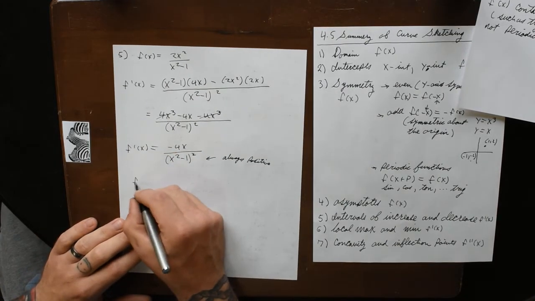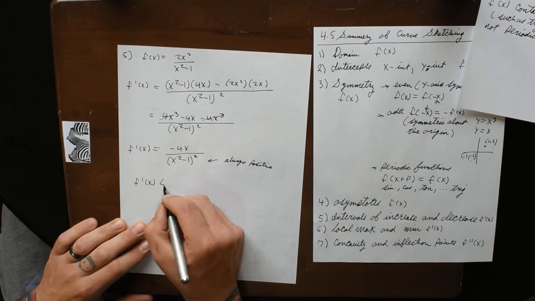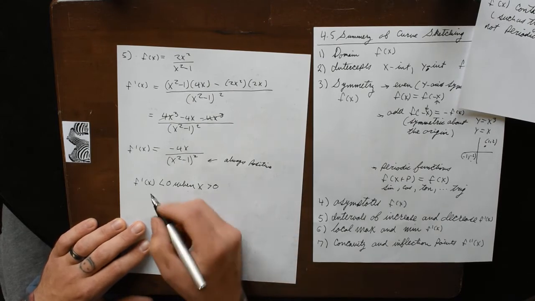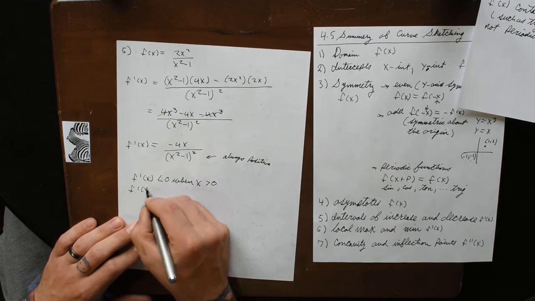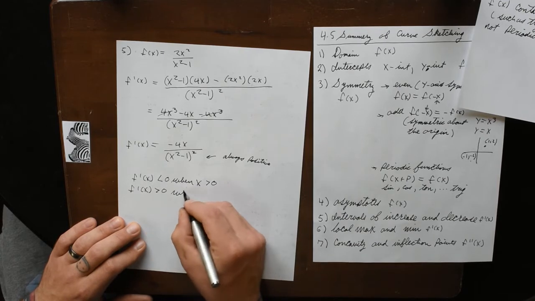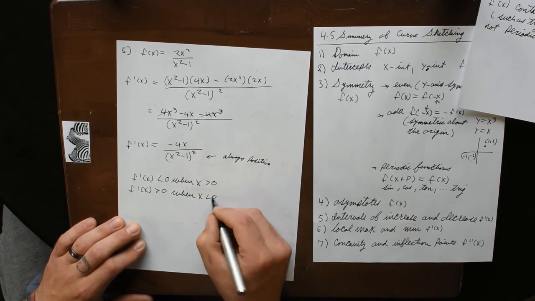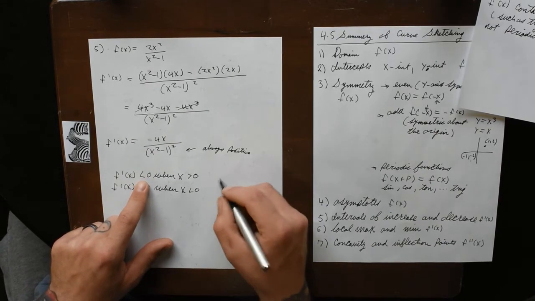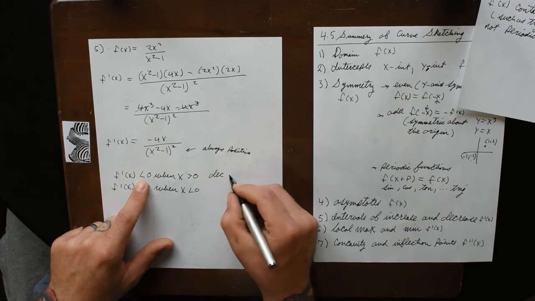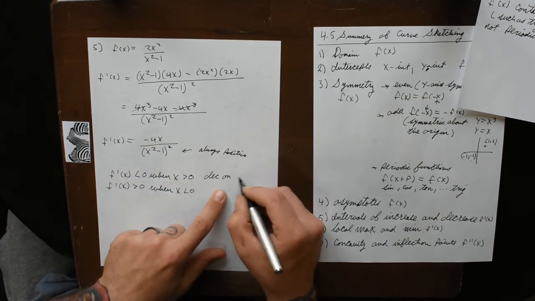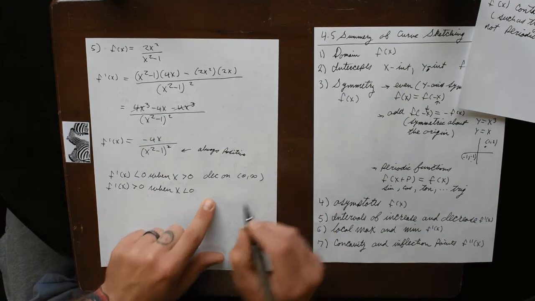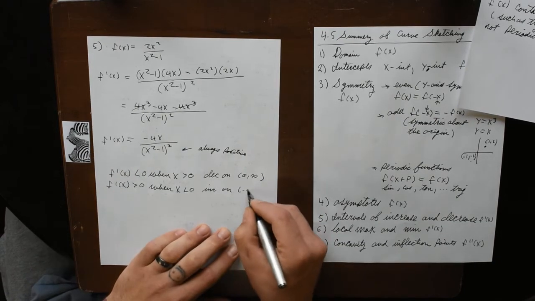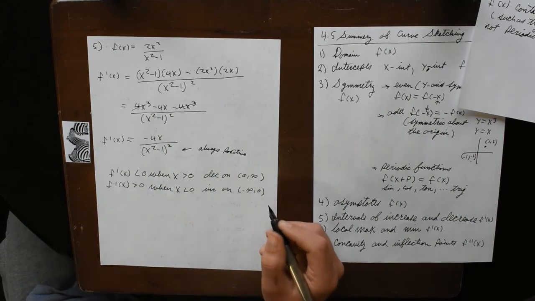We see that f prime of x is negative when x is positive, and f prime of x is positive when x is negative. So that tells us that we are decreasing on 0 to positive infinity, and we are increasing on negative infinity to 0.